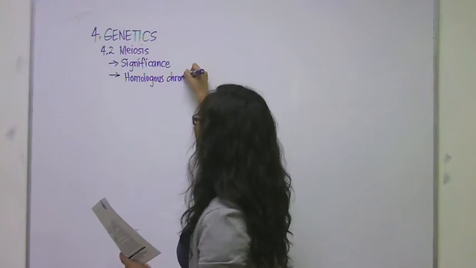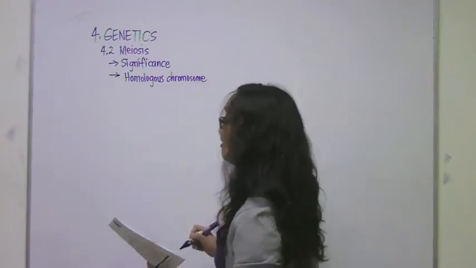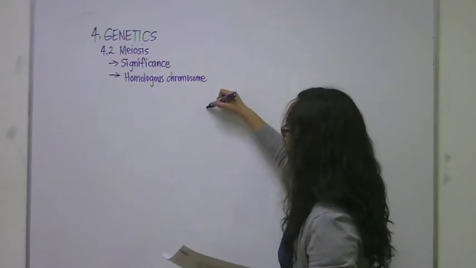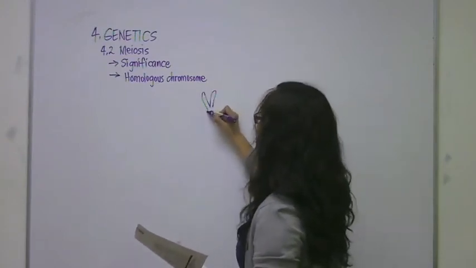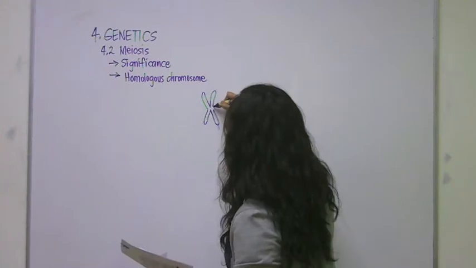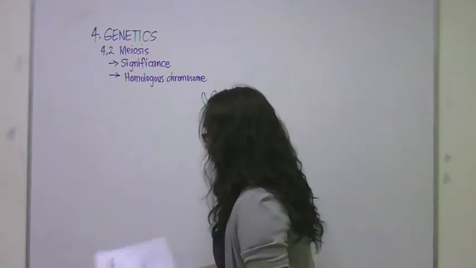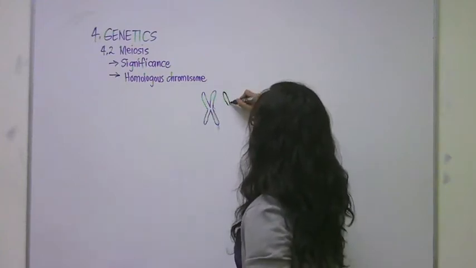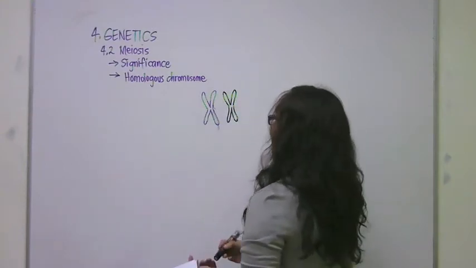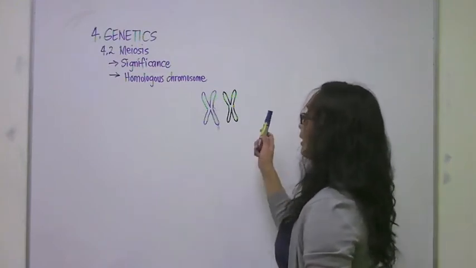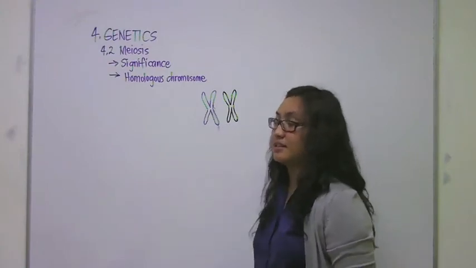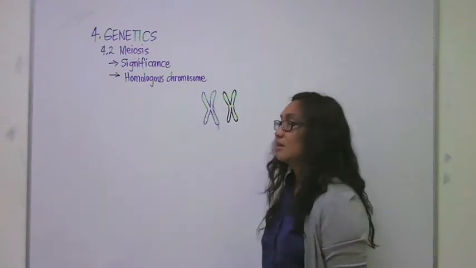It's going to be helpful if we teach them using different colored markers, because it represents, for example, if we're going to draw, assuming that this chromosome is coming from one parent, and this chromosome is coming from another parent, and assuming that they are of the same length, same size, and the same position of the centromere, then we can say that whenever these homologous chromosomes cross together, they still exchange the same genes.